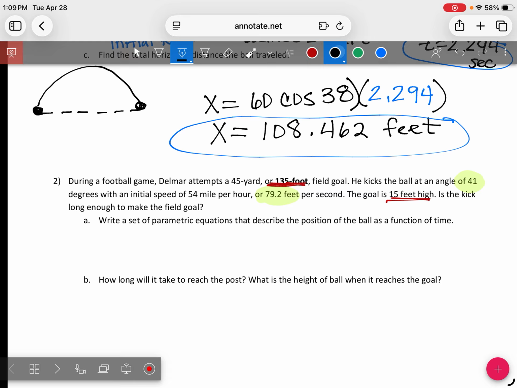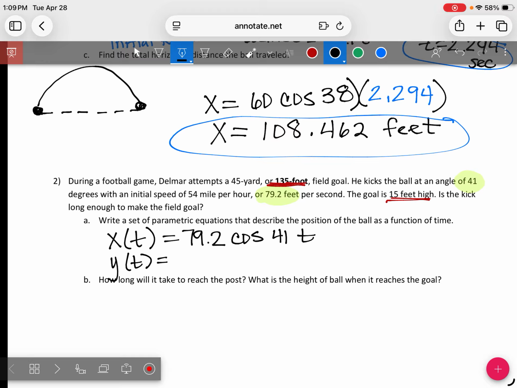So let's go ahead and make our equation. So we got x of t. We're going to substitute in his velocity, which is 79.2, cosine of the angle, which is 41t. We're in feet, so we're using 32.2.